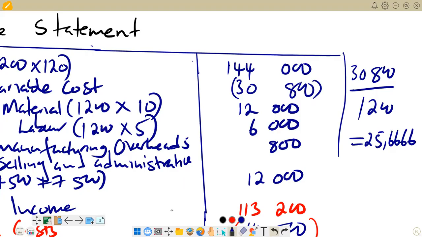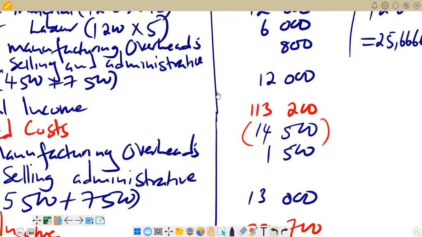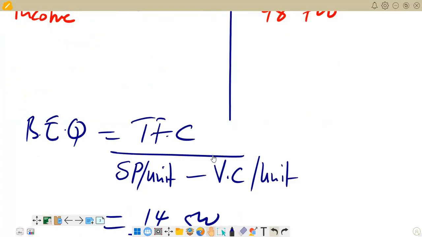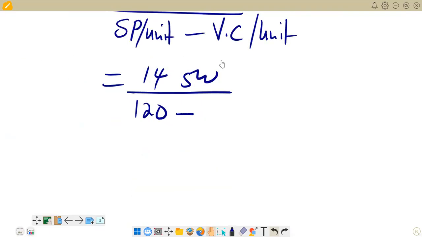So we can come down there to substitute it into the variable cost per unit. We are saying 120 minus 25.6666.